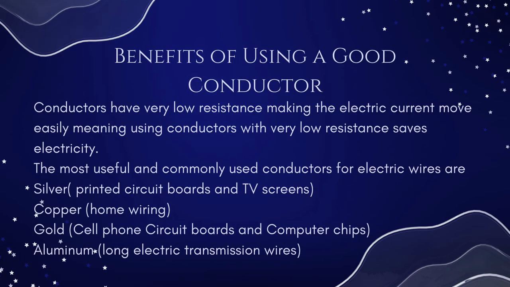So the benefit of using a conductor is that conductors have very low resistance, making the electric current move easily, meaning using conductors with very low resistance saves electricity. So the most useful and commonly used conductors for electric wires are silver, copper, gold, and aluminum.